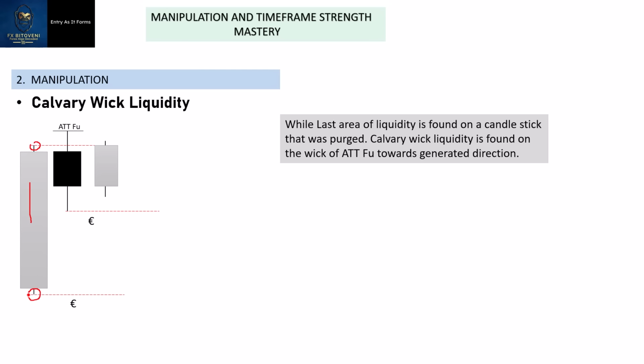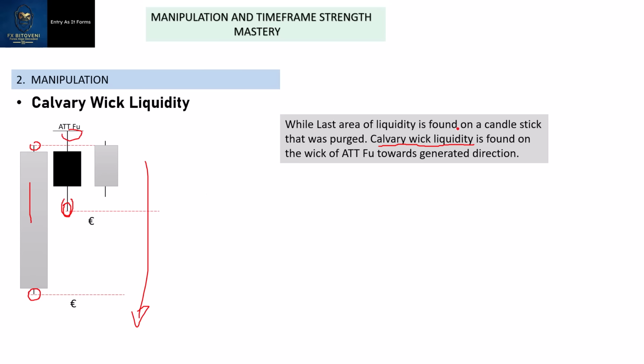Last area of liquidity is here. Candle value weak liquidity is found on the wick of the untapped FU towards the generated direction. Where is the generated direction? The direction is to go down, for example. So a purge is here. So the wick of that untapped FU is what you call candle value weak liquidity. This wick you see here is what you call candle value weak liquidity.